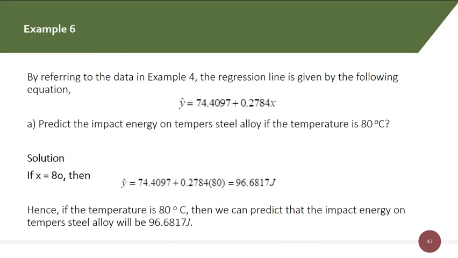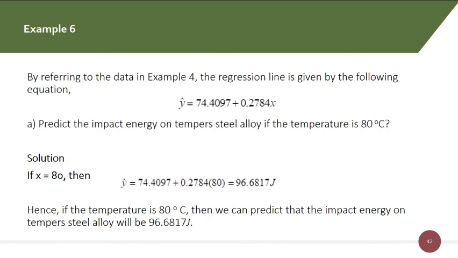Example 6. By referring to the data in example 4, the regression line is given by the following equation. Let's say we want to predict the impact energy on tempered steel alloy if the temperature is 80 degrees. We know that temperature is the x, so x equals 80.